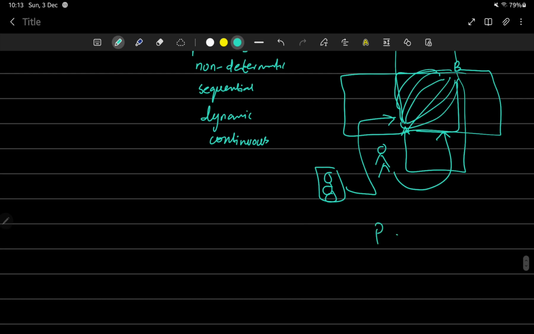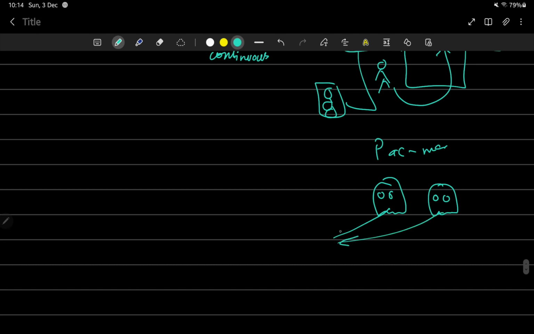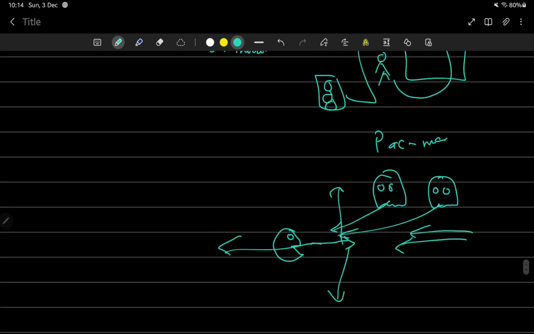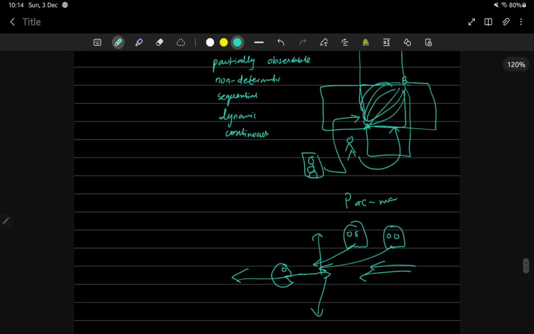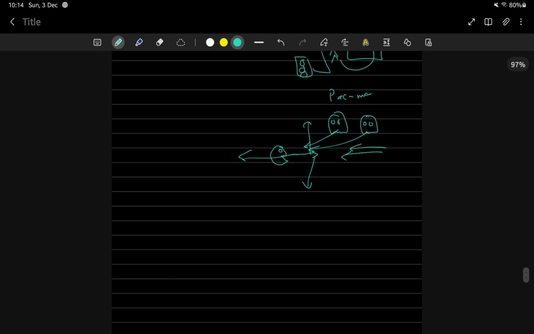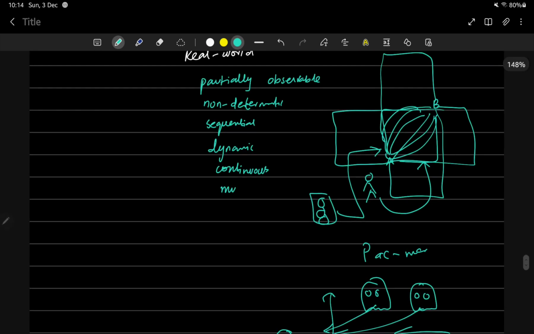So in the example of Pac-Man, when we had these enemies, we will now be multi-agent because these enemies are also affecting what moves we will make. If I was going straight and these enemies are coming from here, then obviously I won't go straight. Now I will move left or right or go back. So these are multi-agent environments, right? So that is it about the environments. I told you about the real world as well.